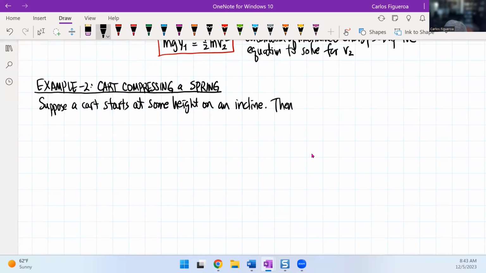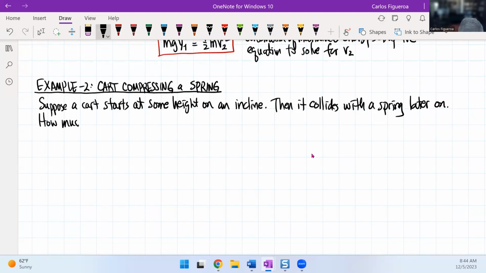Then it collides with a spring later on. And then we're going to ask the question, how much does the spring compress?